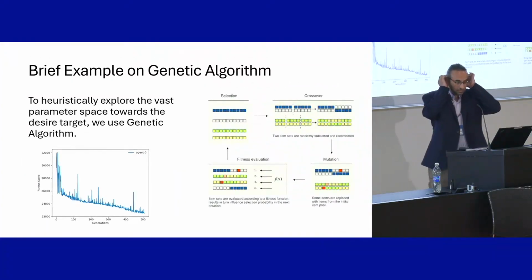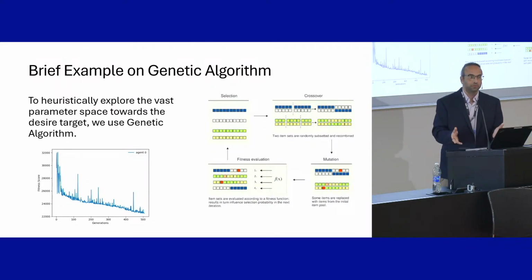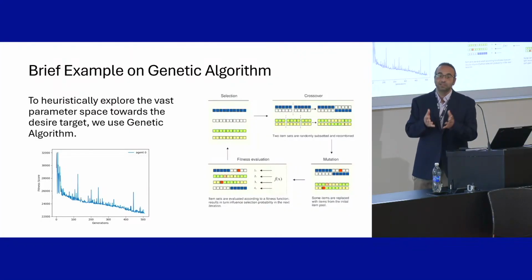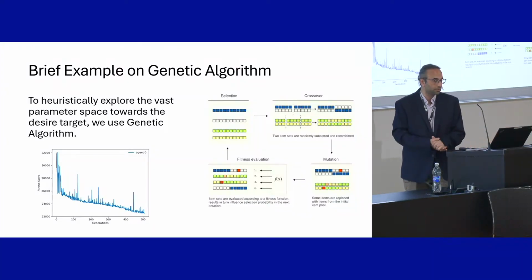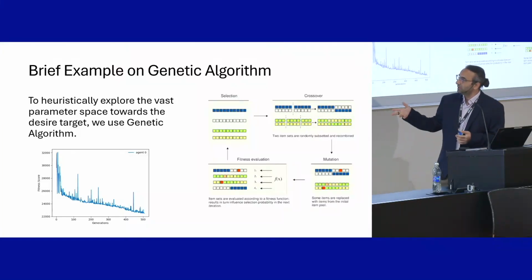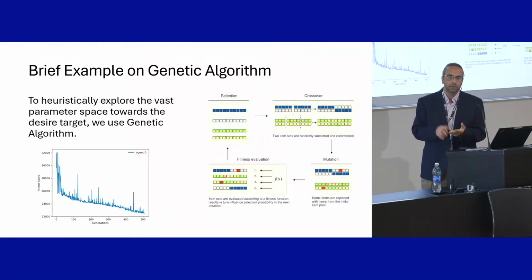So let's start with what a genetic algorithm is. I'm sure that most of you, if not all of you, know that, but just to be on the same page, a genetic algorithm is the reduction of evolution, or Darwinian evolution. In a way, we use three different functions: selection, crossover, and mutation.